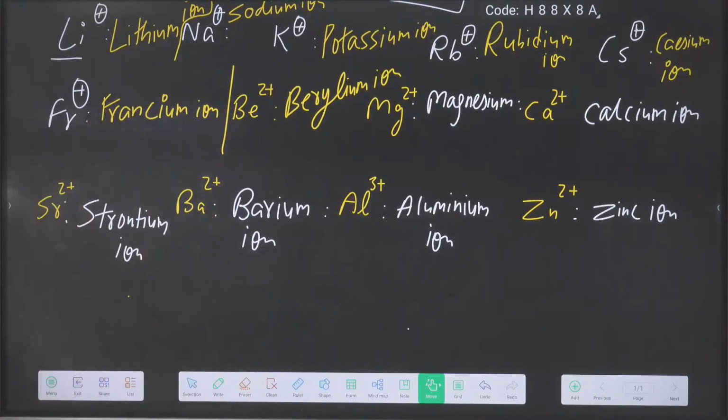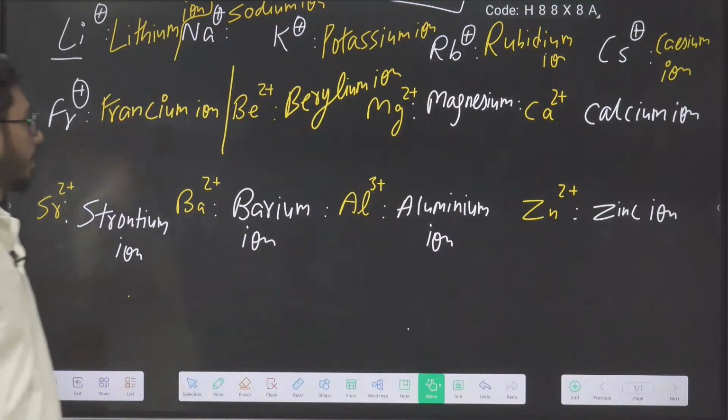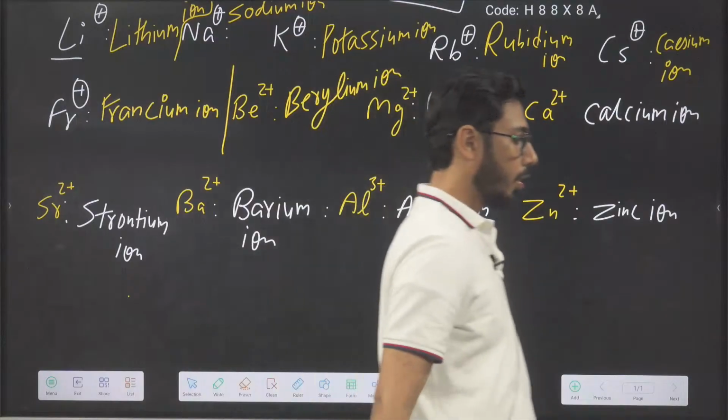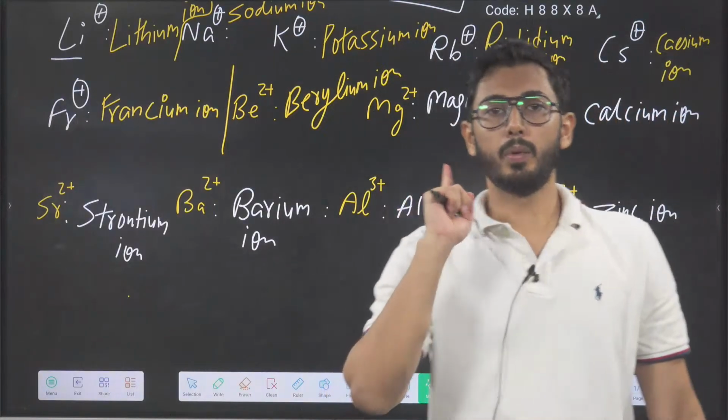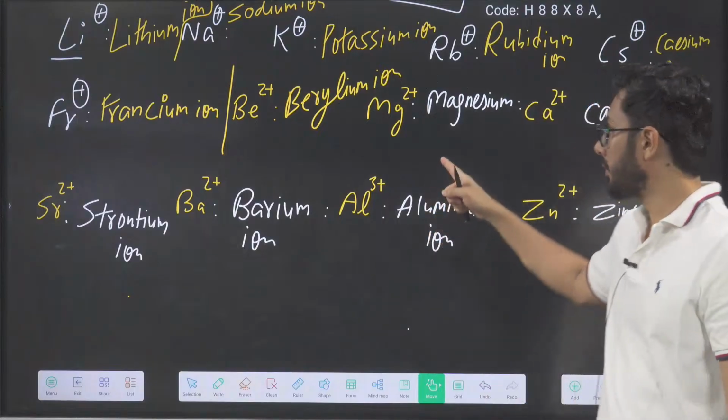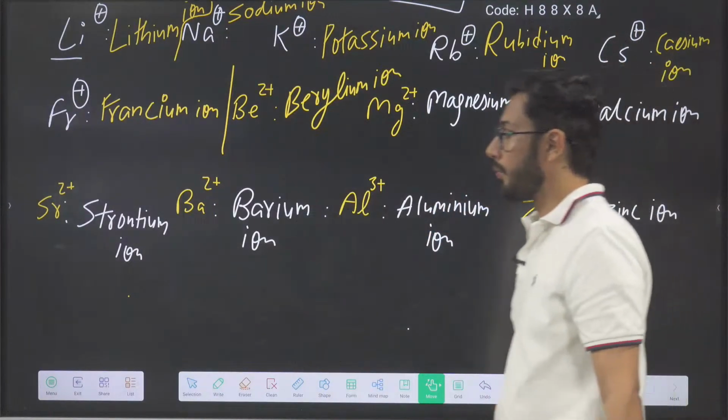Okay, write down, complete the notes. Up to zinc ion, they all are which ions? They can show only one type of oxidation state, and their name is the element name with ion.